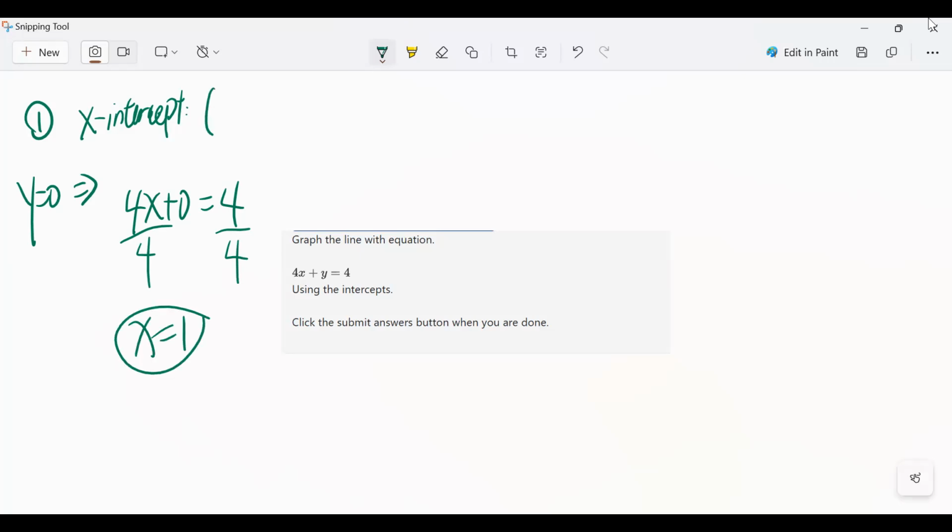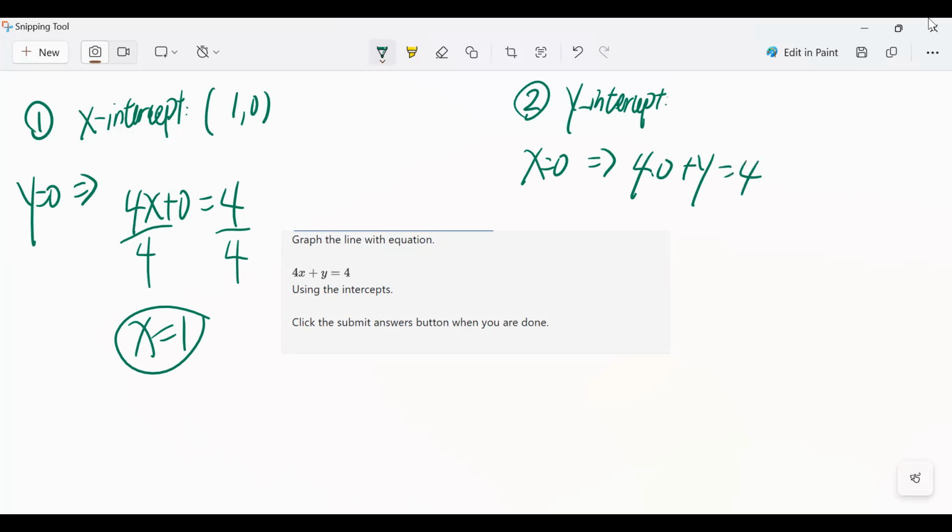So the x-intercept is 1, 0. Then the y-intercept: set x equals 0 and solve for y. 4 times 0 plus y equals 4. So here, 0 plus y equals 4, y equals 4. So 0, 4.